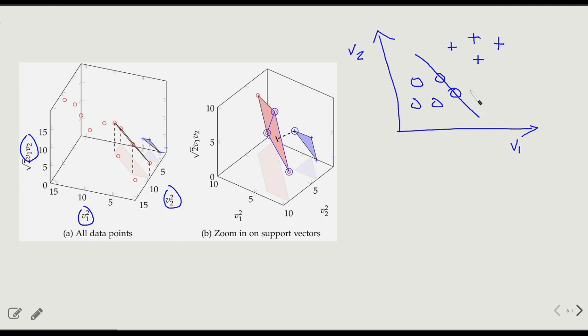And the conditions for candidate support vectors are, first of all, for these two data points to be considered support vectors, the line that they form should divide the two classes. So first of all, the data points in the same class should fall on one side.